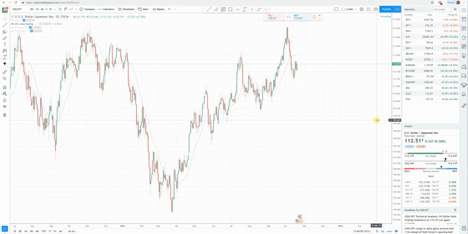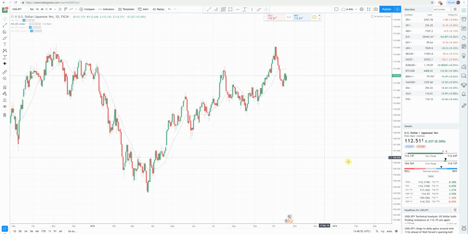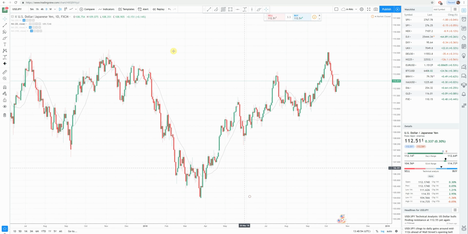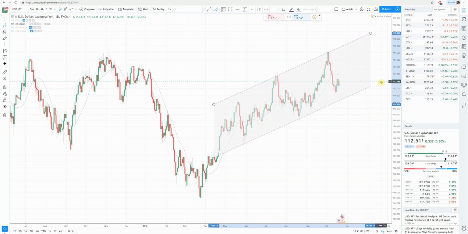The USD Japanese yen has been on an uptrend for a while. We've had this parallel channel for some time now. Let's mark the levels of support or resistance, levels which have been touched a couple of times.